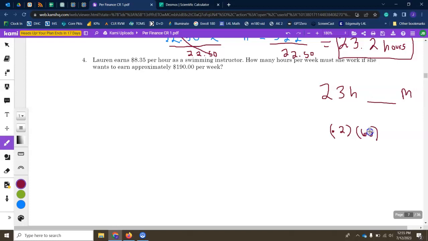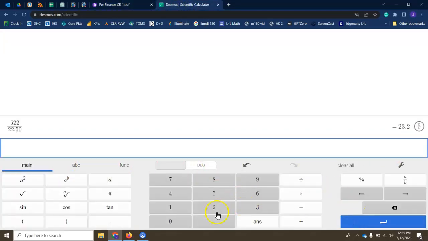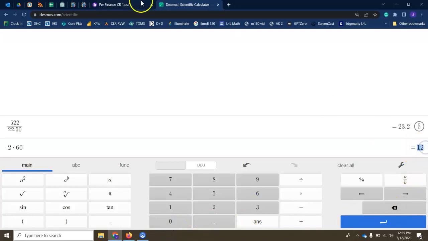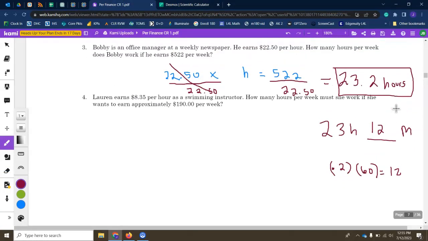So we're doing 0.2 of 60. The word of tells us to multiply. 0.2 times 60 minutes, since we get 60 minutes in every hour, gives 12. That's telling us it's 12 minutes. So if I choose to be more specific, I could have also said 23 hours and 12 minutes worked.